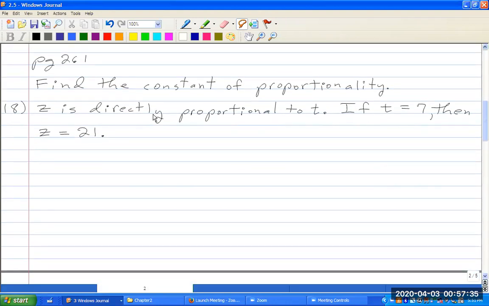On page 261, let's do problem number 18. Find the constant of proportionality.